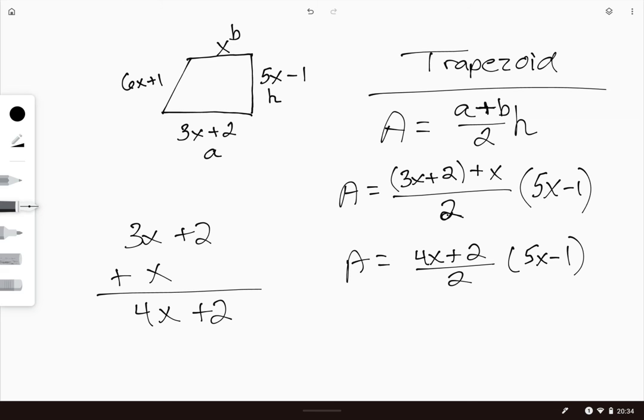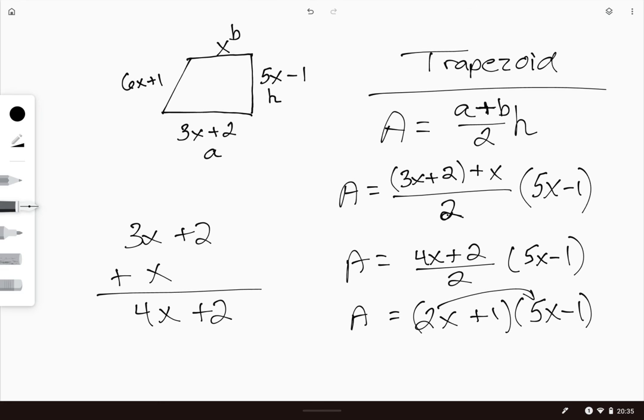Now, because 2 will divide evenly into 4x as well as into 2, when I do that division, 4 divided by 2 is going to be 2x, and then 2 divided by 2 is going to be plus 1. So now I've got two binomials, and then I can use what I know about FOIL to solve this for the area.